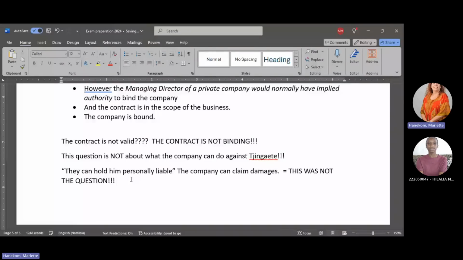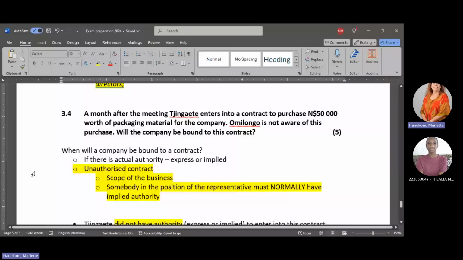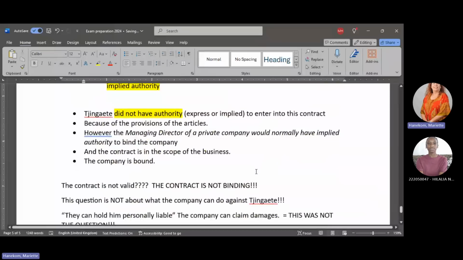But in both instances, that is not what I'm asking in this question. The question is, will the company be bound to this contract? And the answer is yes. Whatever recourse they have or don't have, or take or don't take against Shingaete, is at the end of the day irrelevant to this question. The company has to pay the seller. They are bound to the contract.